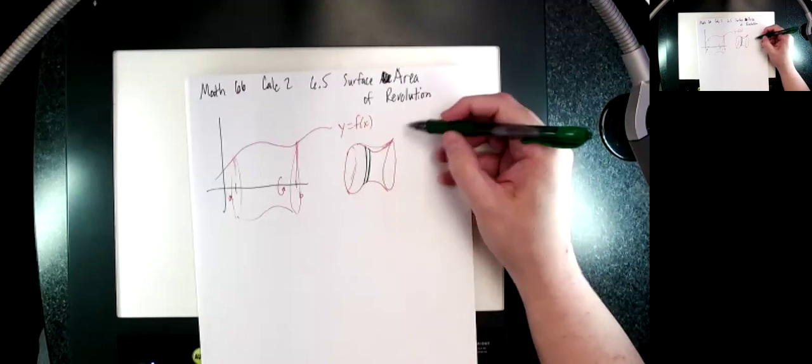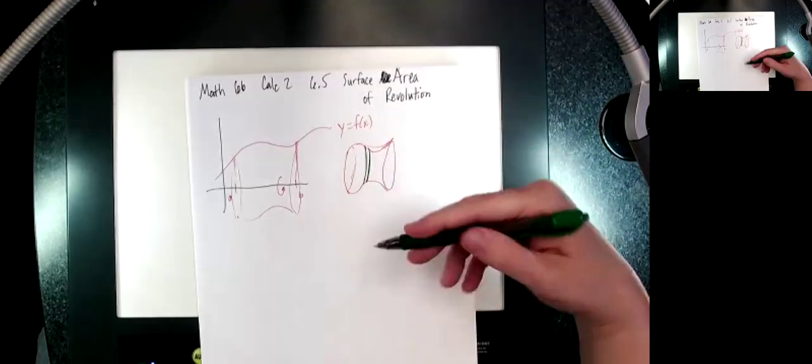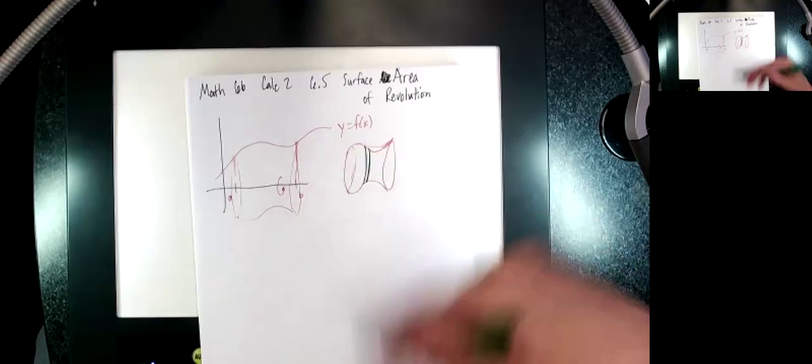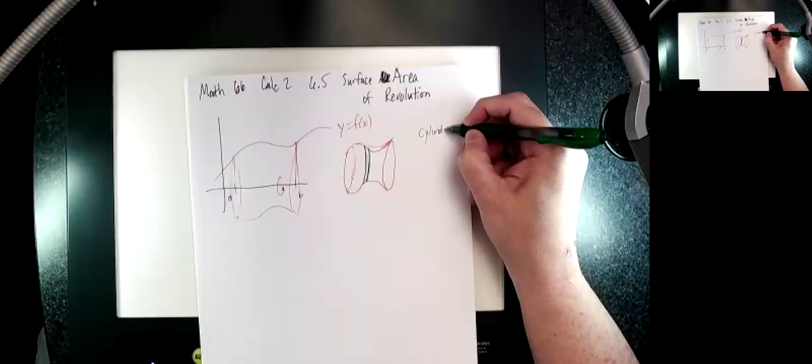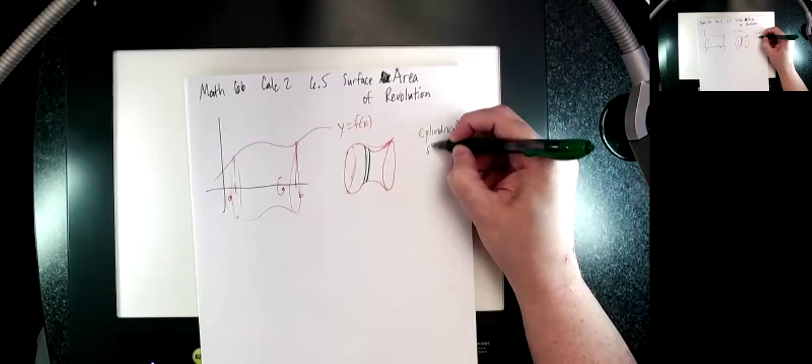Since this is going around the thing that revolved, this ends up making something like a cylindrical shell. It's very much a cylindrical shell, in fact.